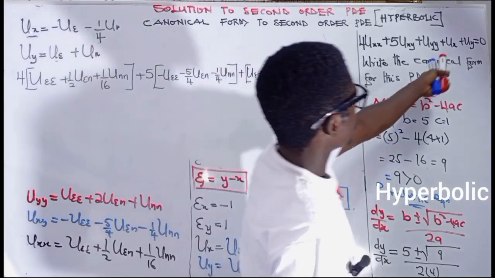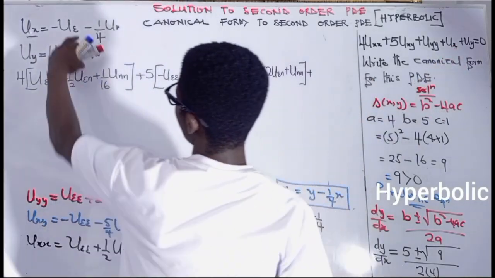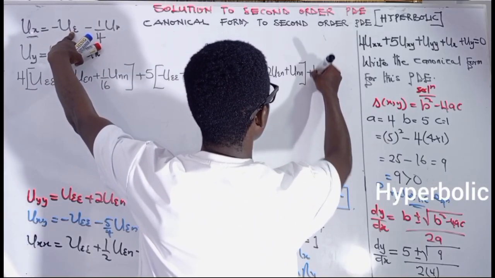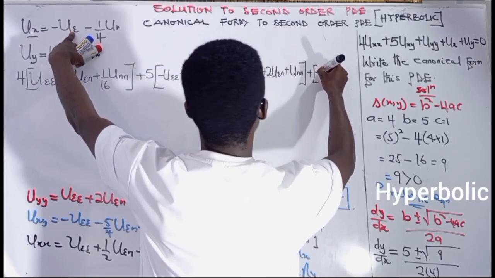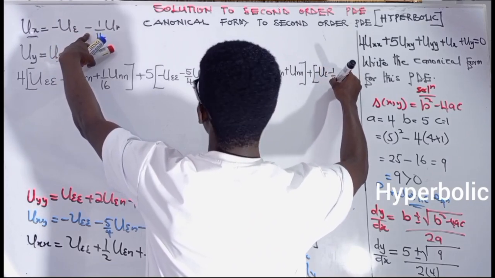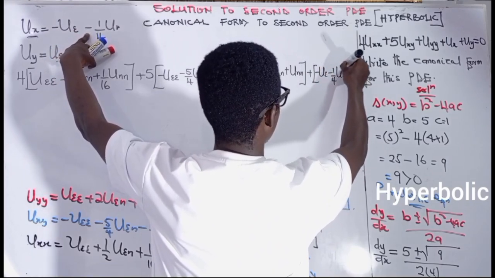Then we have u_x. So for u_x, we have these equations. We are going to have minus u_xi minus 1 over 4 u_eta.